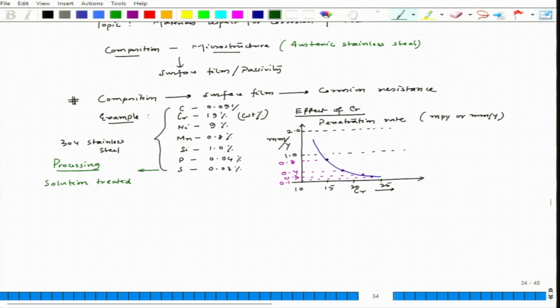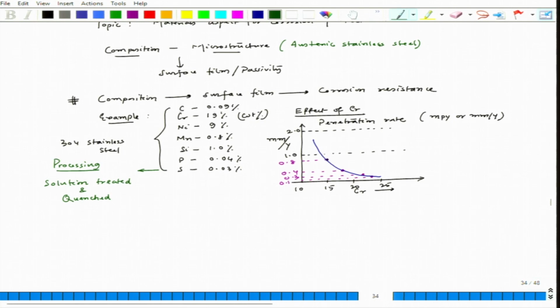That means it is taken to a single phase microstructure, which is austenite, and then quenched. Okay. So, that is the processing route.